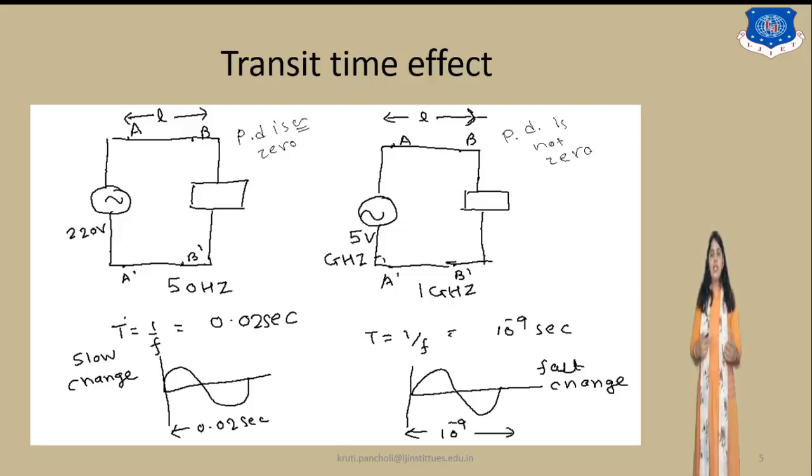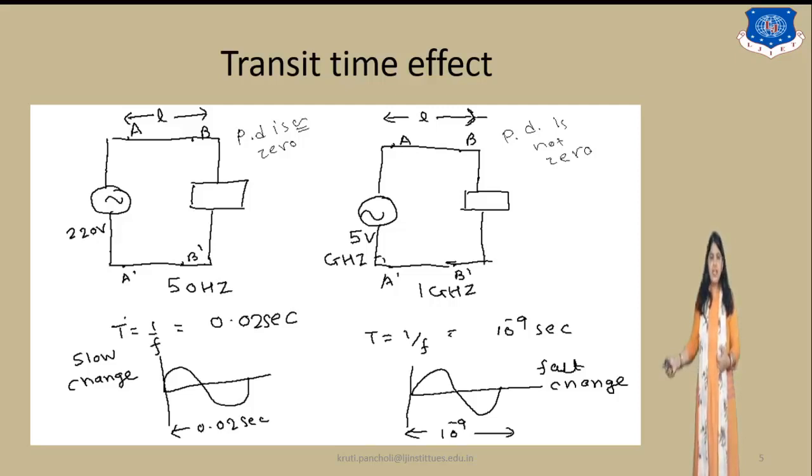Now, to understand this, an important point is to get the idea of the transit time effect. In the first diagram, for the lower frequency of 50 Hz, you can see the source connected and the signal to be transmitted from point A to point B. The frequency is 50 Hz.